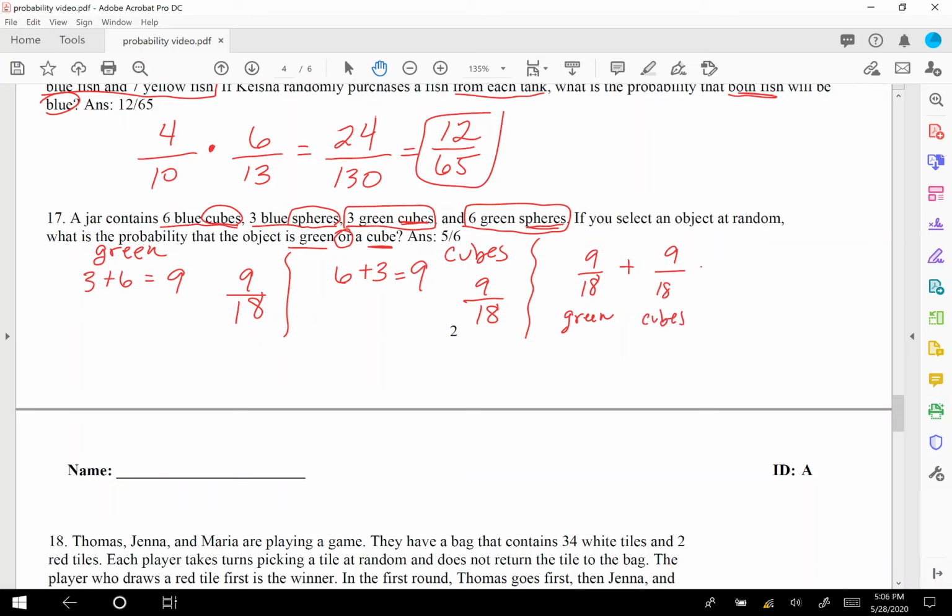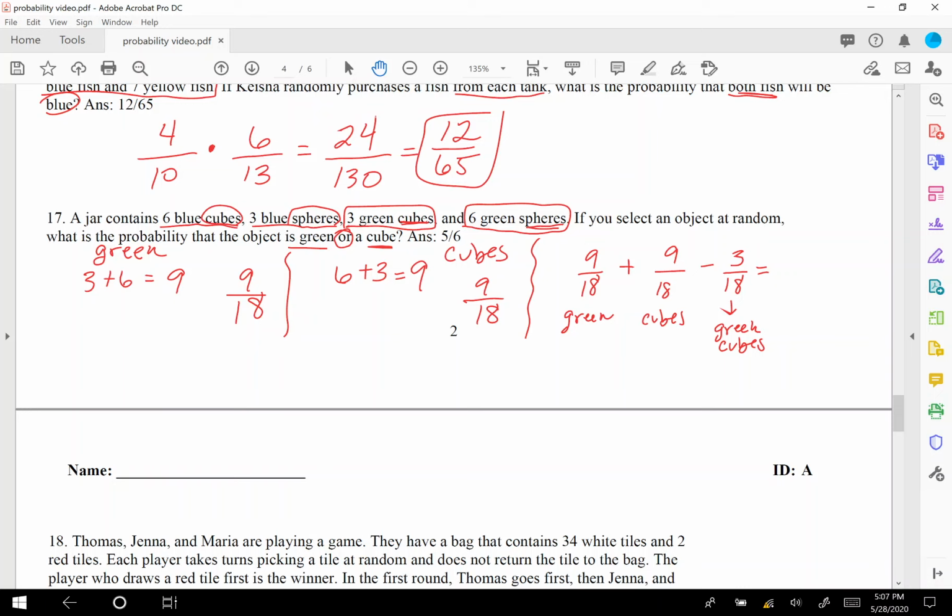But now we have to subtract out those items that are double counted. So how many items meet both conditions? Well, 3. There's 3 out of the 18 that are green cubes. So 9 plus 9 is 18, okay?